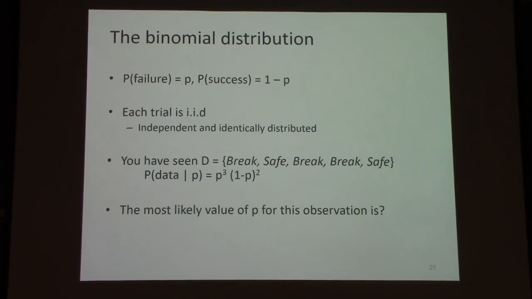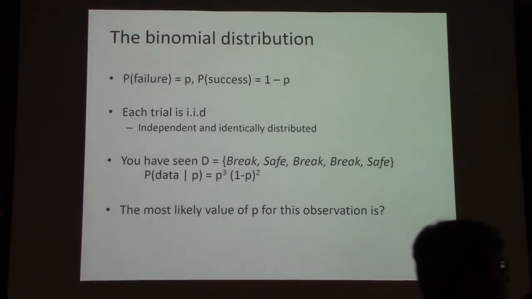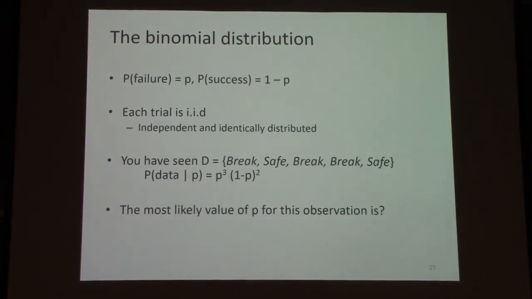Okay, so you've seen your data. Let's say you've seen these 5 examples, you have 3 failures and 2 successes. Your data, D, is this sequence here. Suppose the true probability of failure was P, then what is the probability that you would have seen this particular observation?